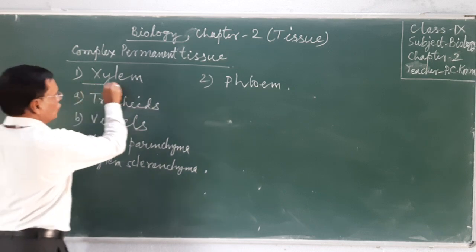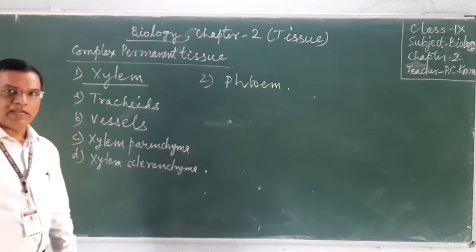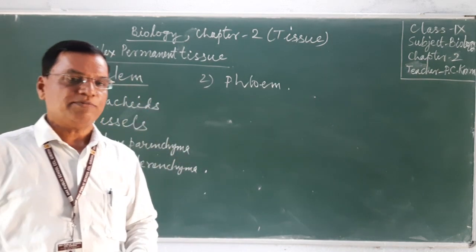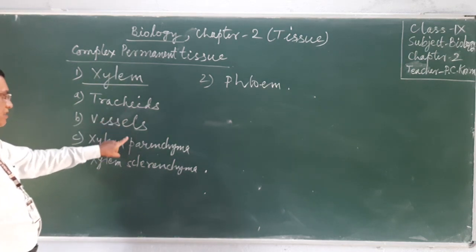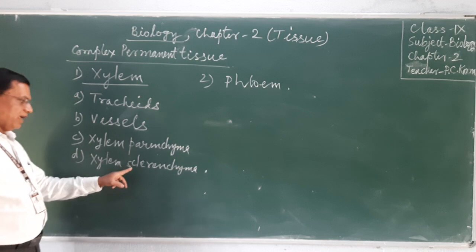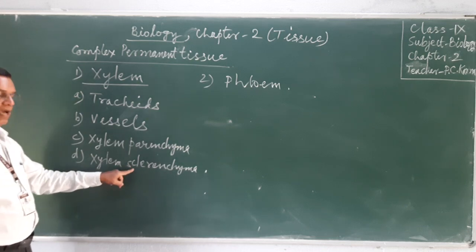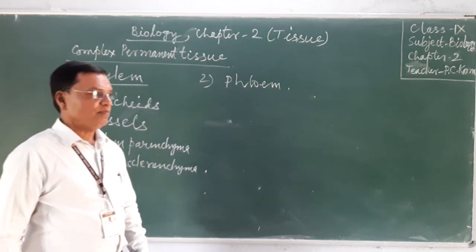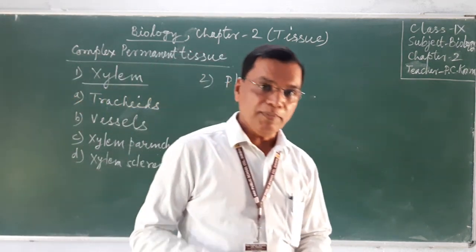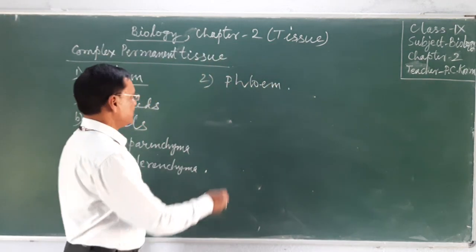This xylem tissue is made up of four different types of cells or elements called tracheids, vessels, xylem parenchyma and xylem sclerenchyma. Similarly, this phloem tissue is also made up of four different types of cells.